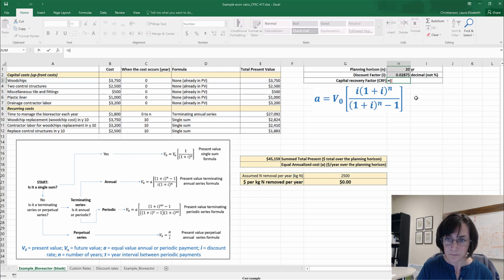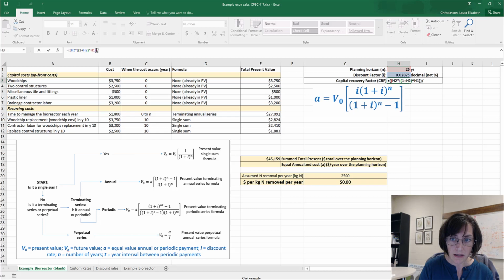So my numerator equals I, discount factor, times 1 plus I, raised to the N, that's my planning horizon. So I times 1 plus I raised to the N, and that's my whole numerator.